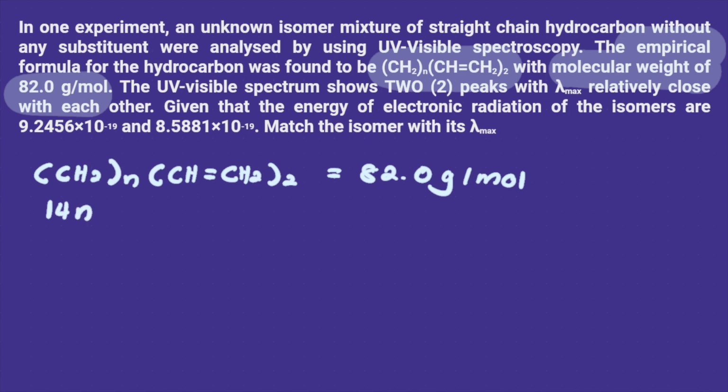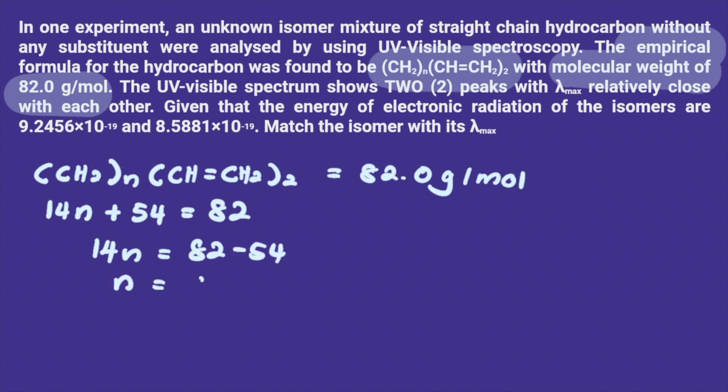So 14 is because of the carbon and hydrogen. Carbon is 12, hydrogen is 1, so 12 plus 1 plus 1, that is 14. So 14n plus 54 is equivalent to 82. So 14n is equivalent to 82 minus 54.